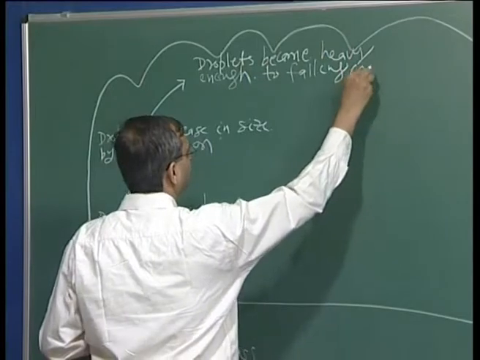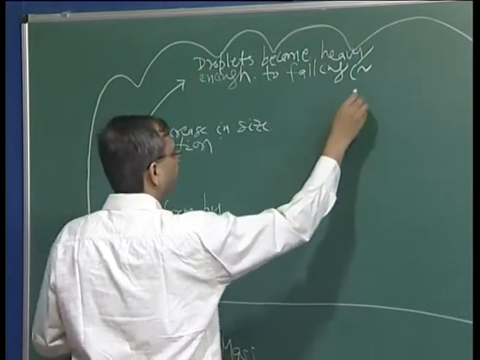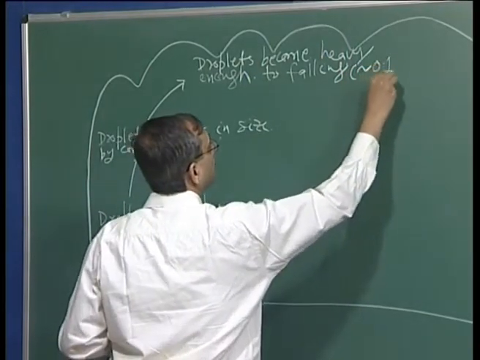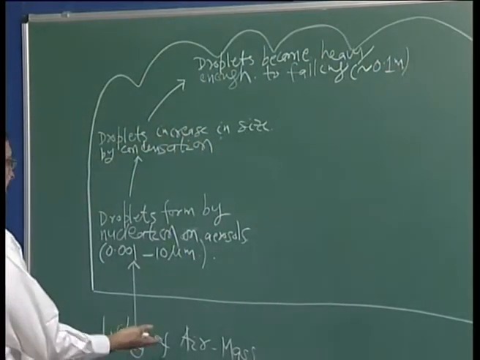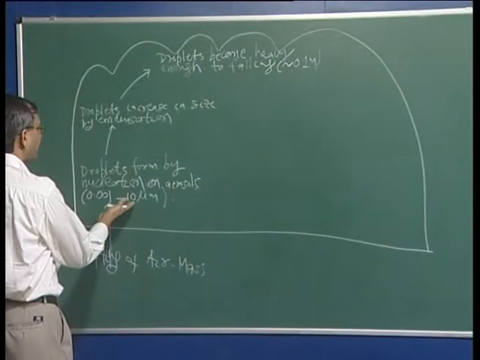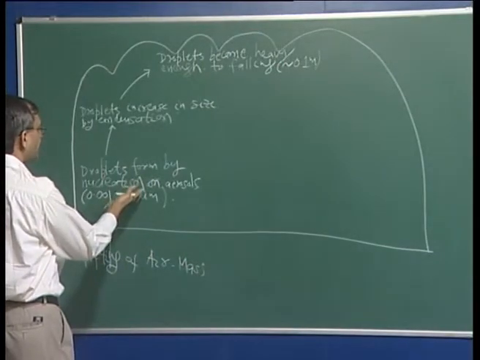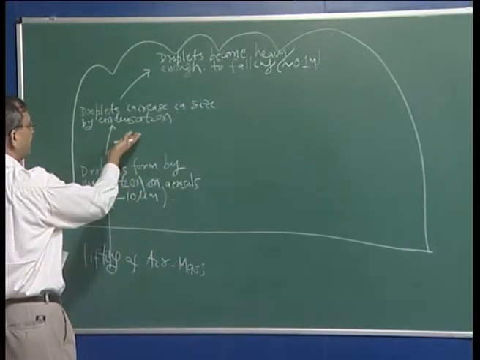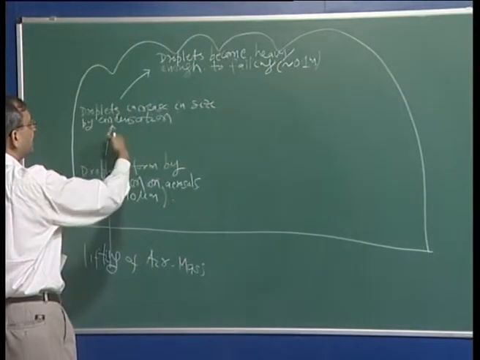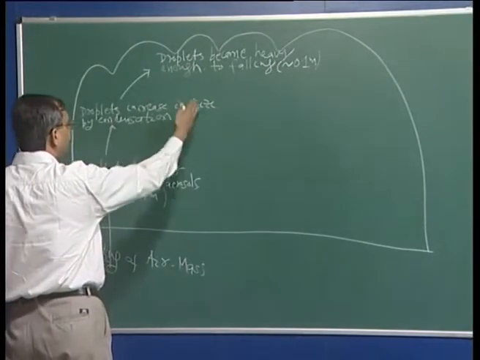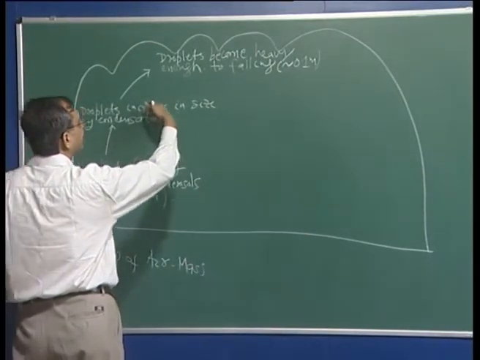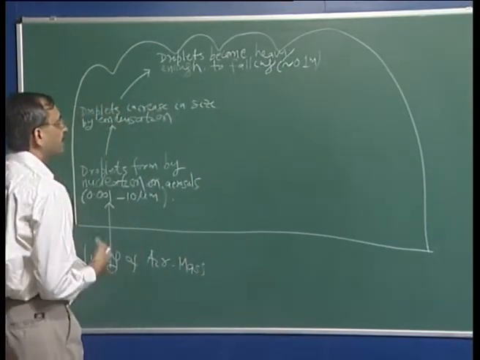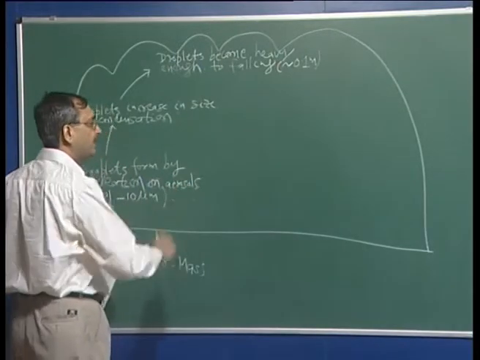This is of the order of 0.1 millimeters. So, the air mass is getting lifted, droplets are forming, and these droplets of water are increasing in size due to further condensation. They are just floating in the air, and due to further condensation, they become larger and heavy enough to start falling through the air.